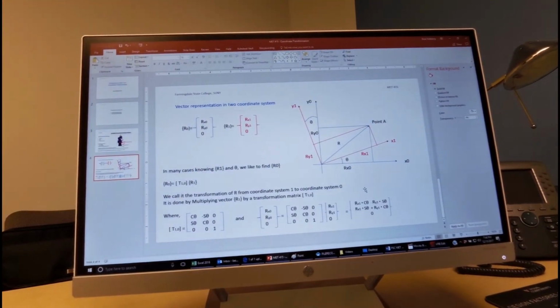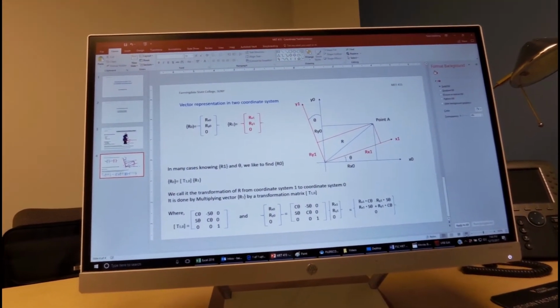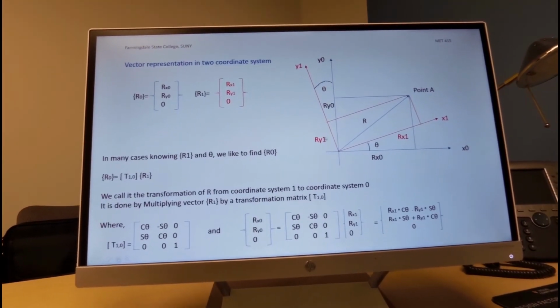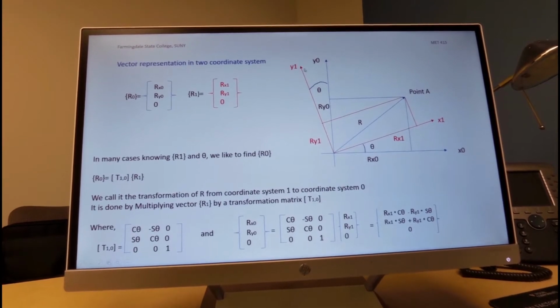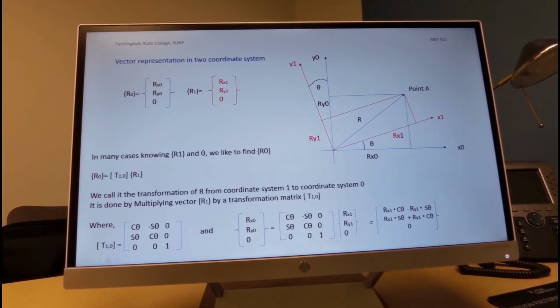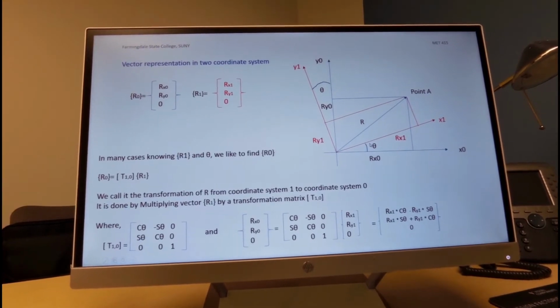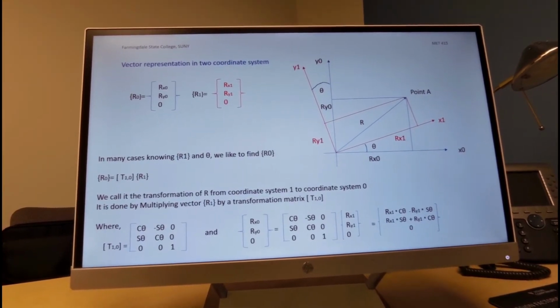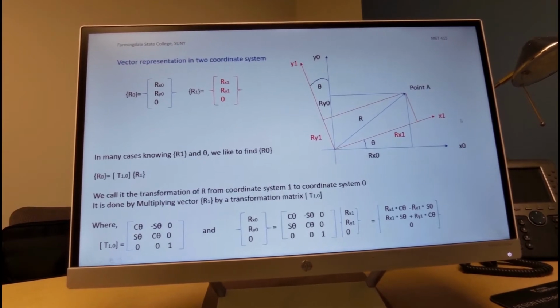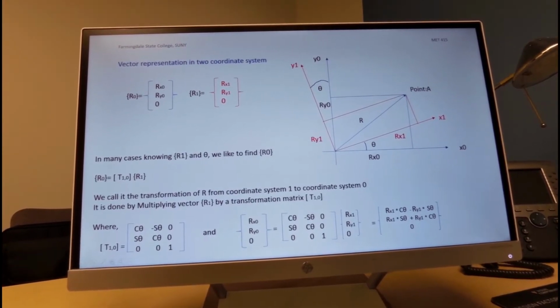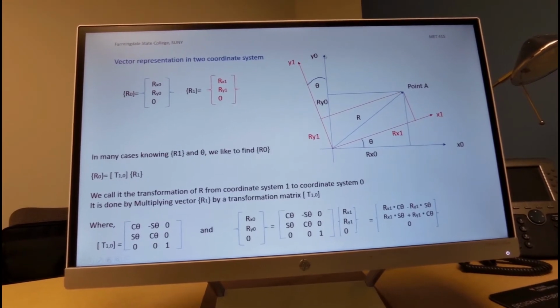Now, to take a look at this, what we'll see here is that we have an inertial frame with another rotating frame which is positioned at angle theta with respect to the inertial frame. Now, we have a vector r representing the position of point A, represented in coordinate system 0.